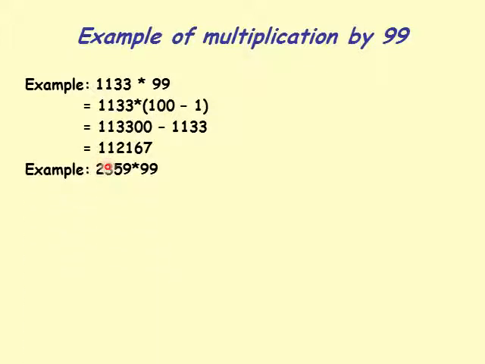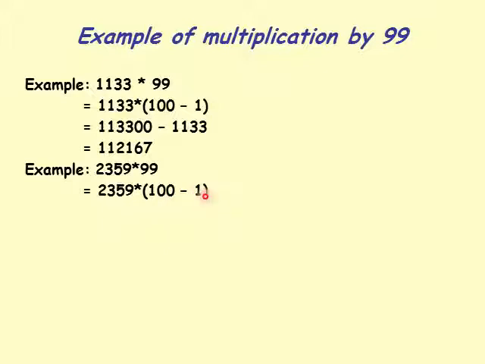Another example, 2359 times 99. We will complete 100 from 99, which means you replace 99 by 100 minus 1. So 99 becomes (100 minus 1).